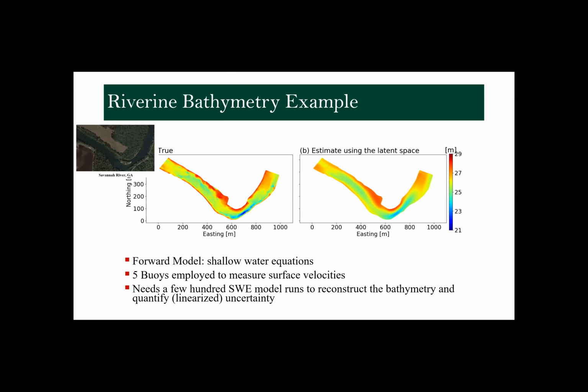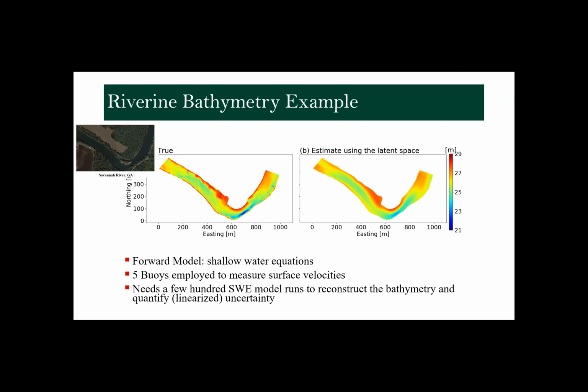Using the projection-based method and the fast linear algebra products mentioned before, you can achieve this within a few hundred shallow water model runs, and within a reasonable time for guidance of logistic or defense applications.